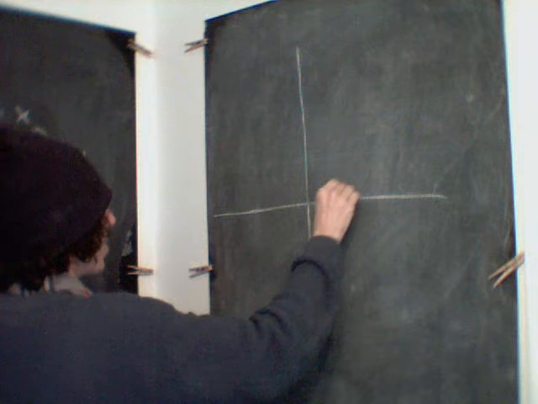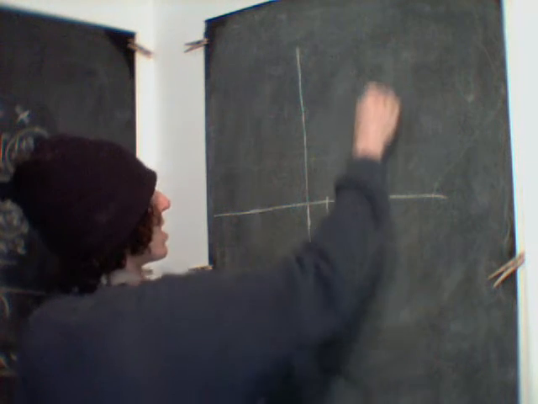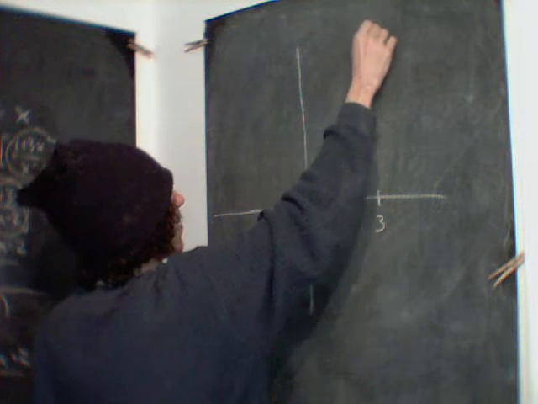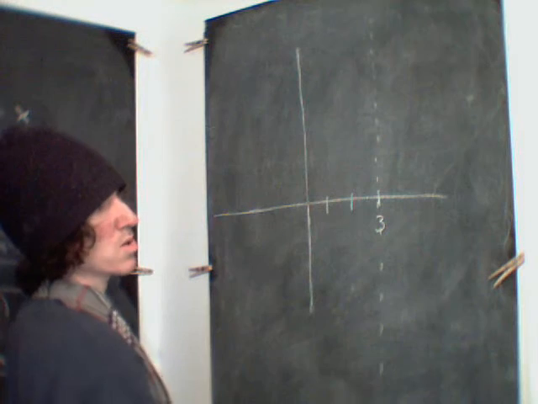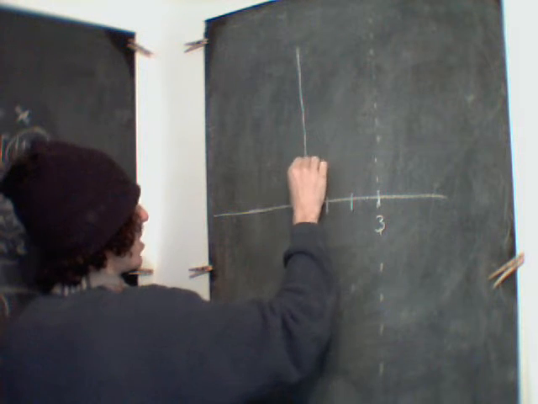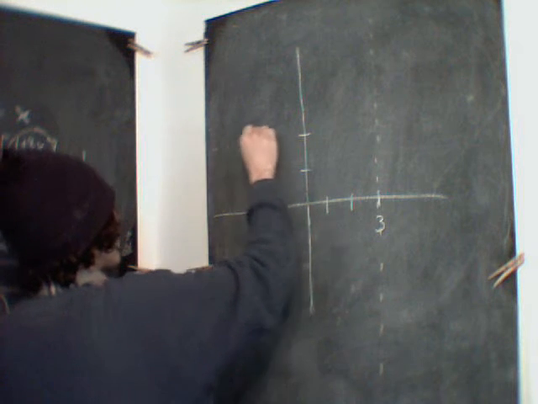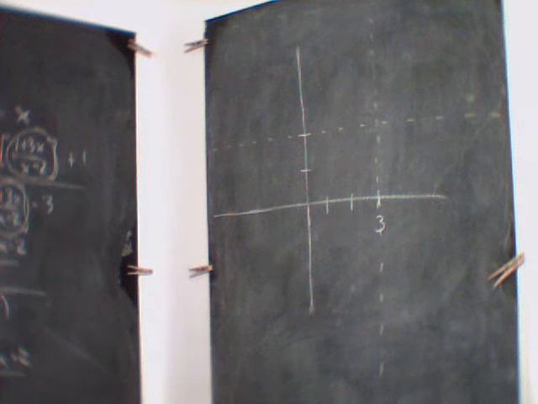Well, at x equals 3, there is a vertical asymptote for the function f. And also, at y equals 2, there's the horizontal asymptote.